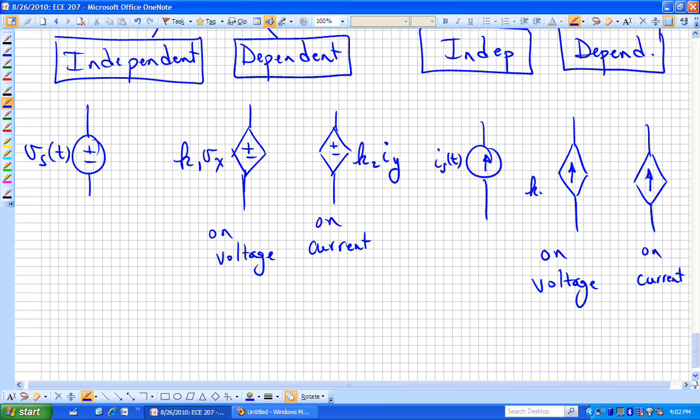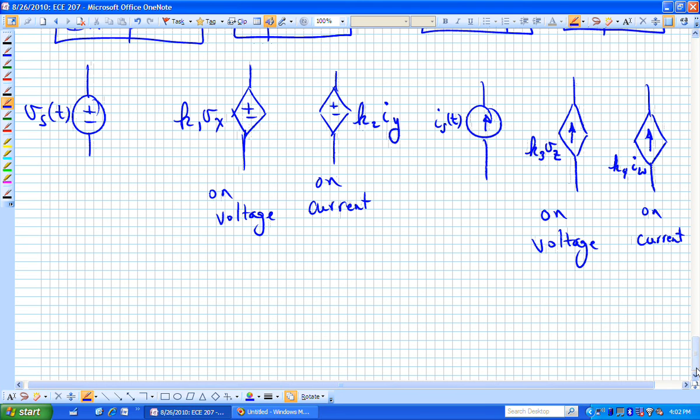This is now K sub 3 times, let's say, V sub z, and this dependent current source that's dependent on a current, let's say, is K sub 4 I sub w. Those are the kinds of sources we will be dealing with in this class. And you'll need to be comfortable working with those kinds of sources.